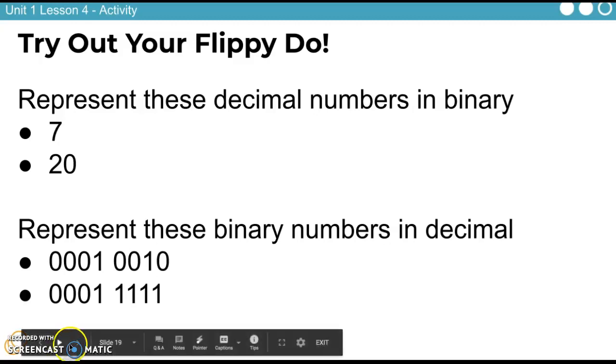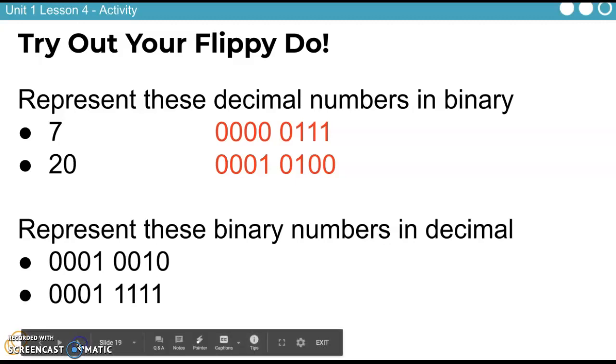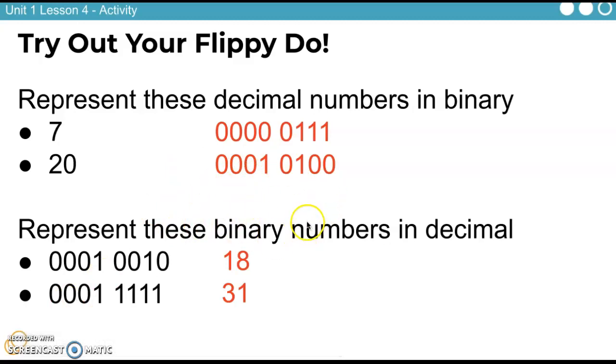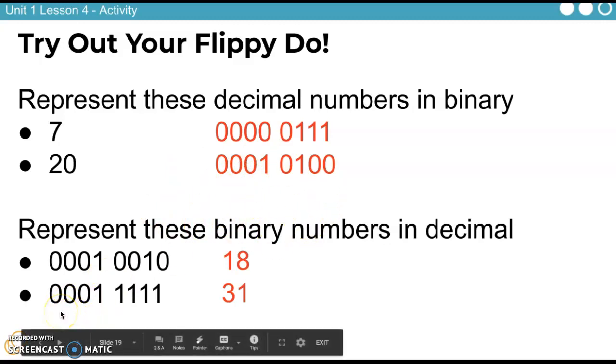Hopefully you really hit pause, and here are the answers for these. If this doesn't make sense to you, now is absolutely the time to hit pause and go back and work with your Flippy Do until you understand this, and definitely reach out to me if you do not understand how we arrived at these numbers.